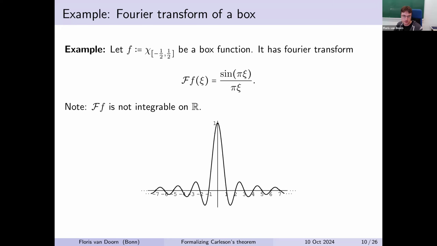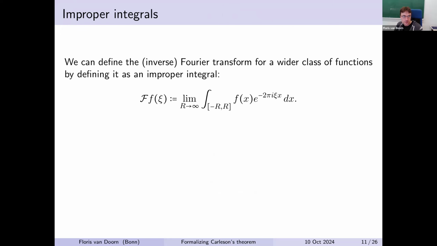But on finite intervals, it is still integrable. And so we have to change the definition a bit, namely by taking the integral on finite intervals and then letting those intervals go to infinity. So we have to deal with improper integrals.